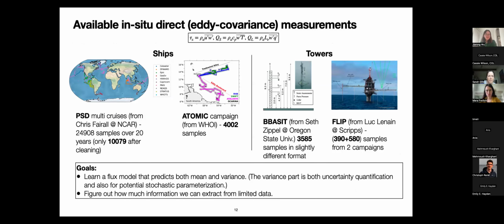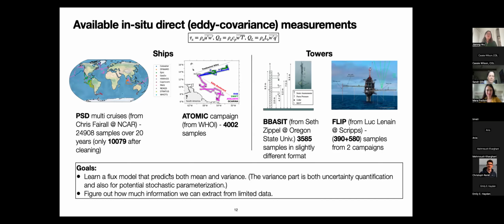So because it's a data-driven model, the first-order thing is what data we have. Until I really got into this project, I didn't know that data is quite limited, like high quality, direct in situ measurement of air-sea fluxes.